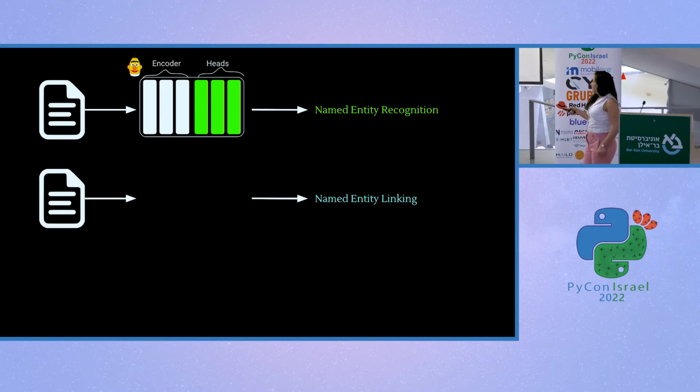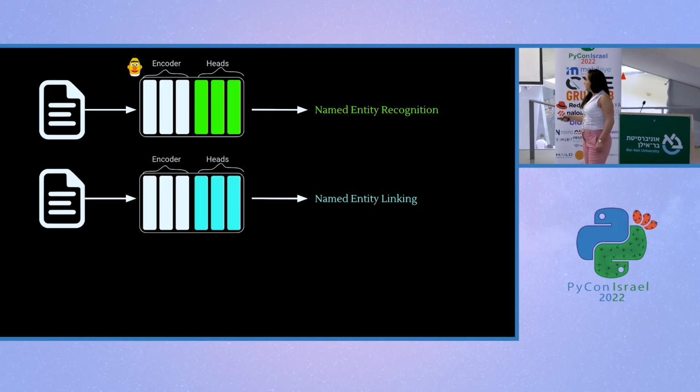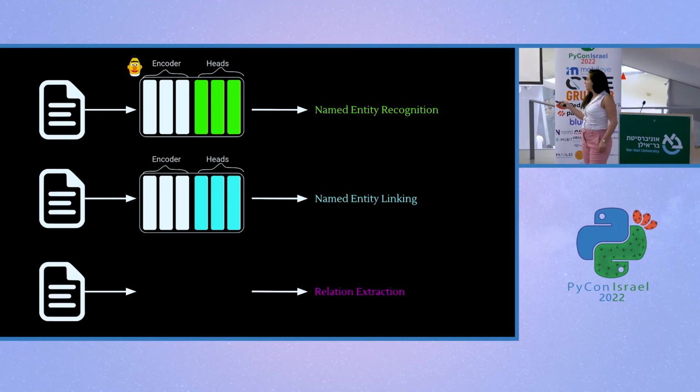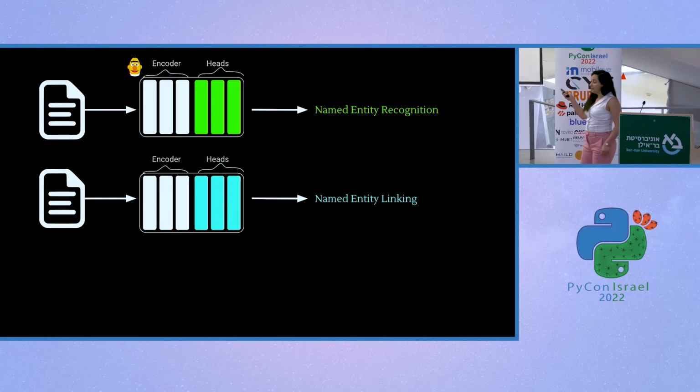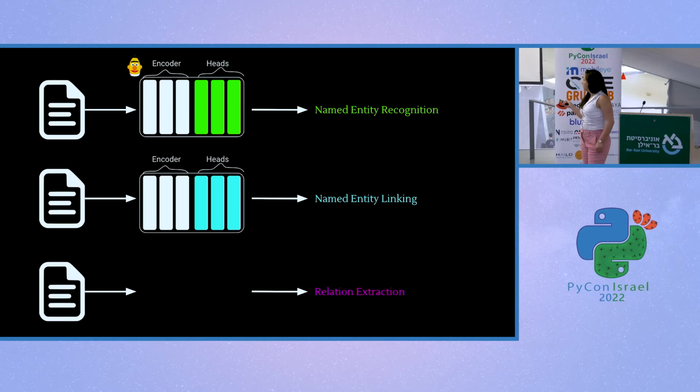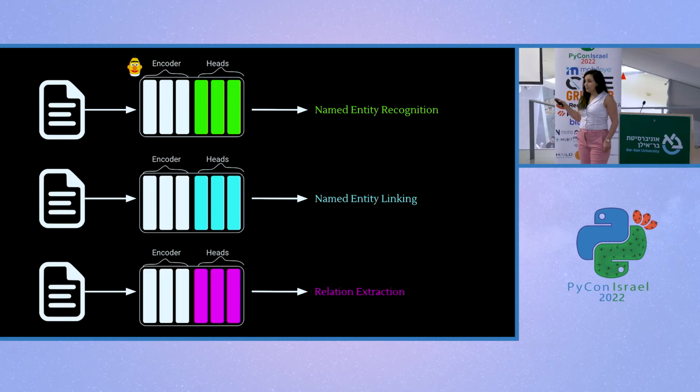And for other tasks, it works pretty much the same. Again, the weights from any transformer, BERT for example, are used for the encoder. We add some layers and fine-tune. In this approach, each model performs a single task. So this is single task learning.